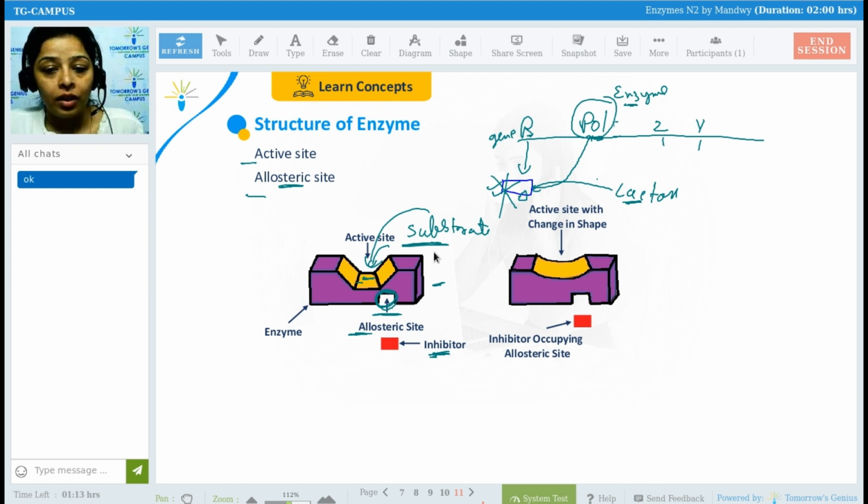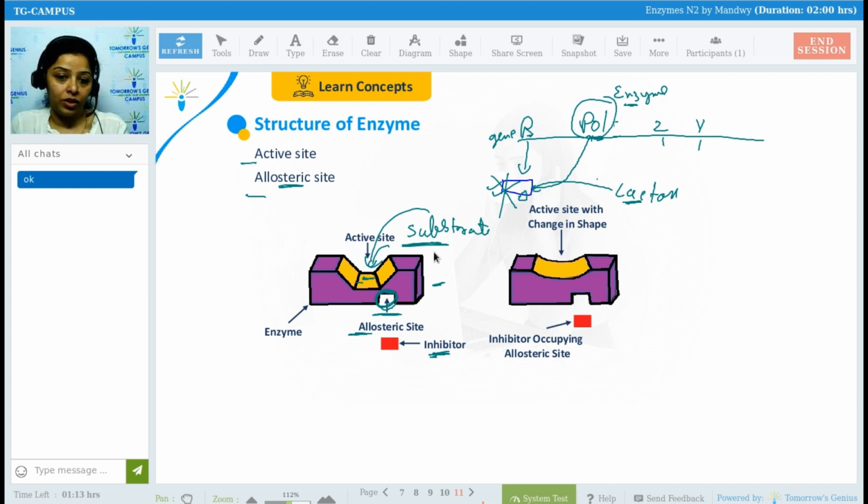The enzyme with an allosteric site is called an allosteric enzyme. If an allosteric site is there in the enzyme, then that particular enzyme is called an allosteric enzyme. It is not mandatory that an allosteric site is present in each and every type of enzyme.